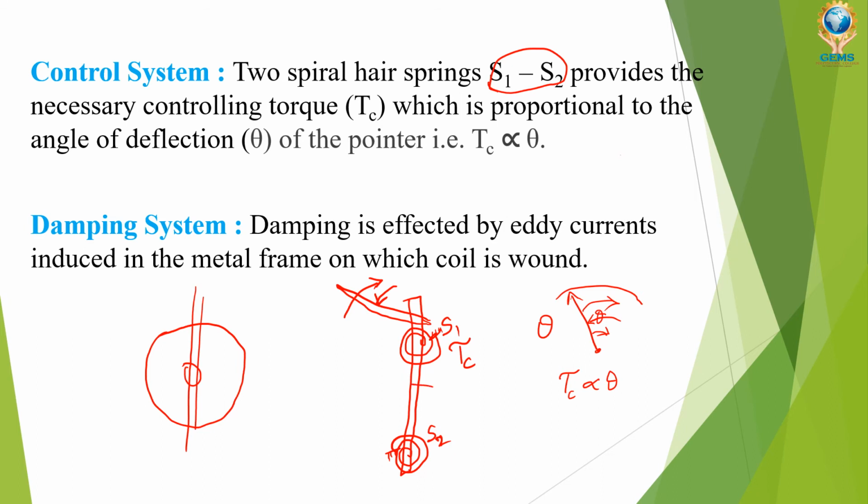To this disc we now place one magnet. This is the magnet. When it is placed near it, eddy currents are going to develop inside. Because of these eddy currents, the damping will be provided in this system.